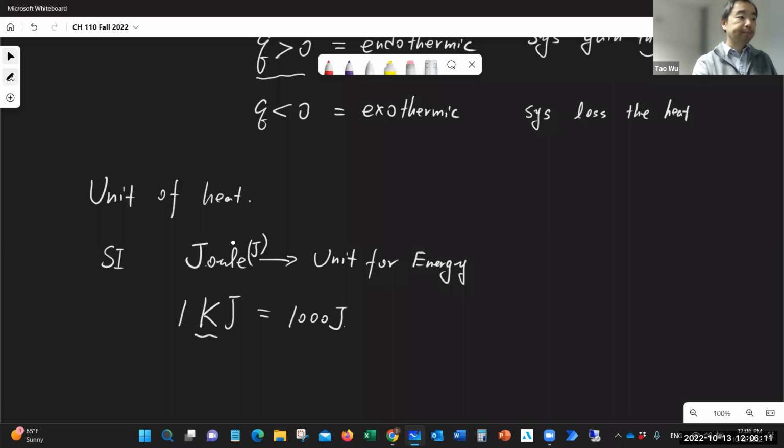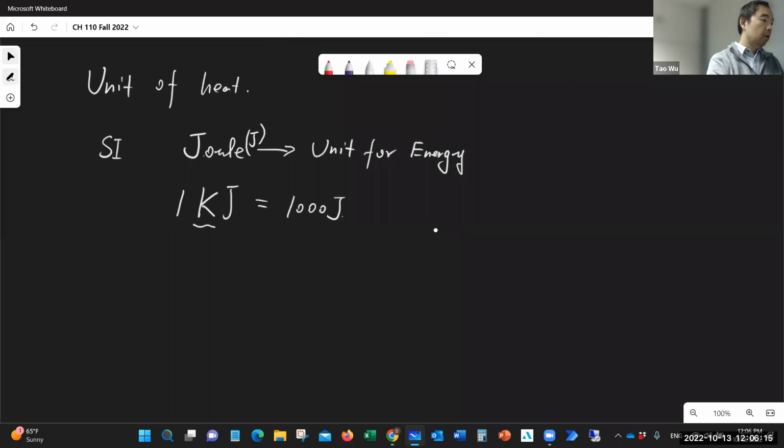And we also have another unit, but we rarely talk about it. It is called a calorie. You probably say, "Oh, I heard that before." But this calorie probably is not the calorie you're talking about. This calorie is not equal to food calorie.